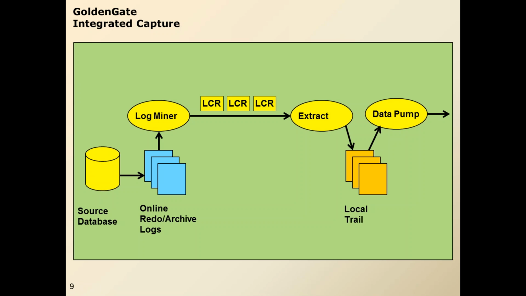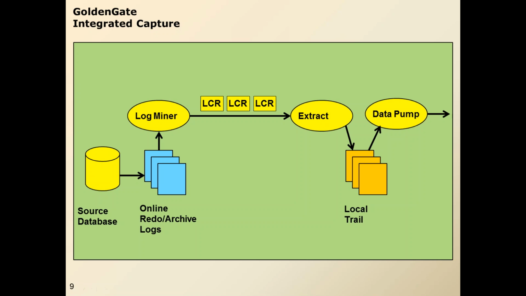So whenever any change is made, changes are recorded into transaction logs, that is redo logs and archive logs. A copy of those changes gets written to the log miner database, and then whatever changes are required by the extract process, it receives them in the form of LCR.